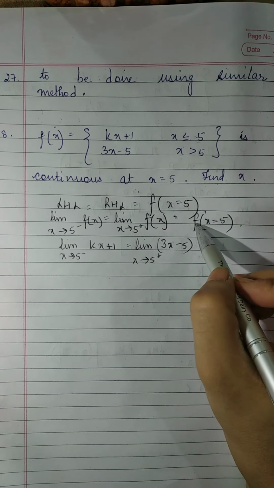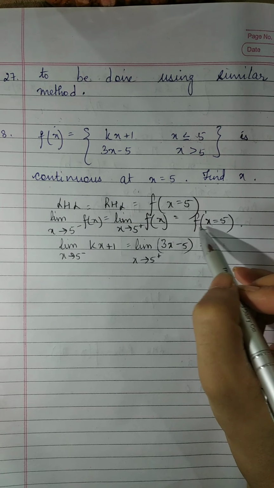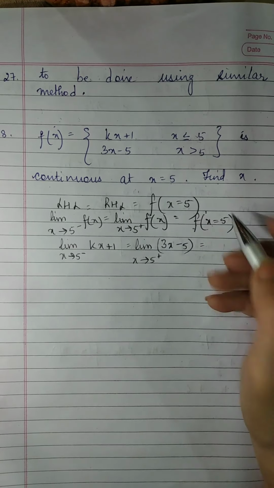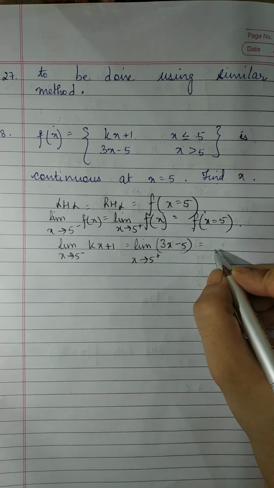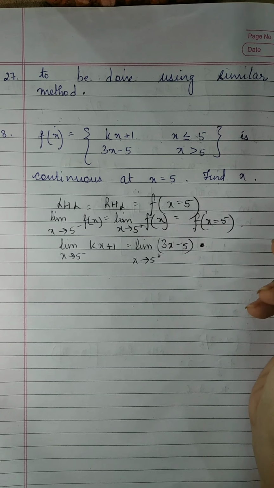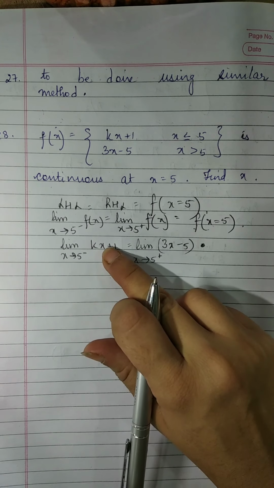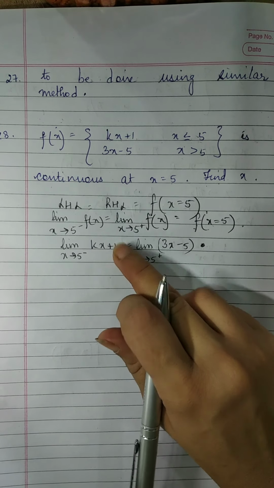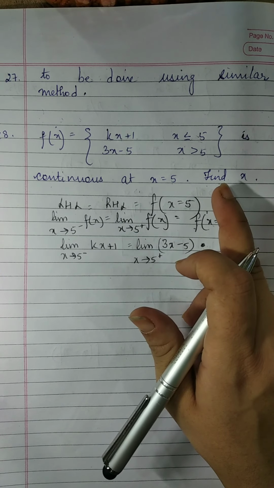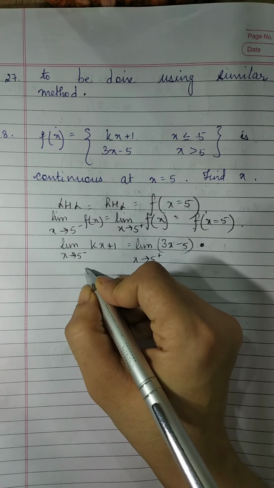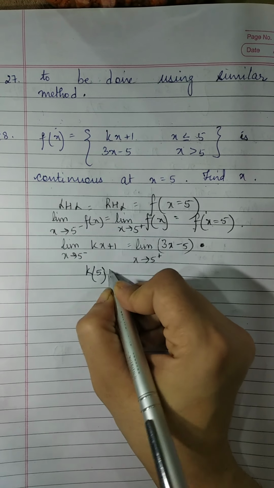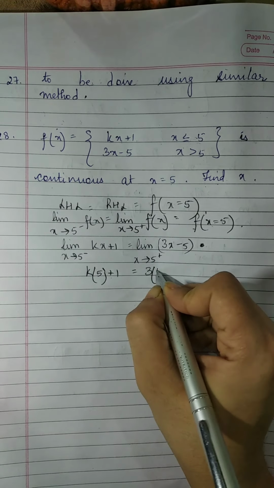And f at x equal to 5 is the same as kx plus 1, right? So we can just omit that, because already we have taken the left hand limit similar to the value of the function at x equal to 5. So putting the values here, we have k into 5 plus 1 is equal to 3 into 5 minus 5.